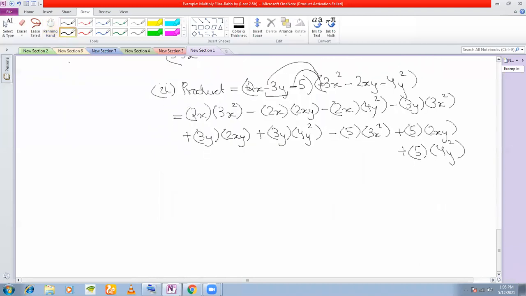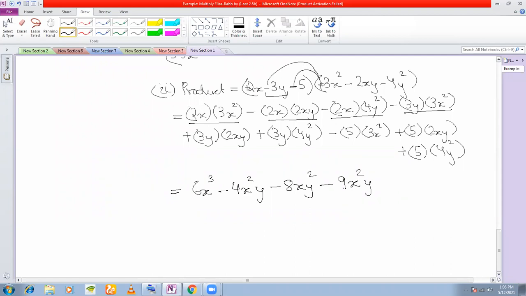Now we shall simplify to get our product. So first one, this is 6x cube. Next one, this is minus 4x square y. Next is minus 8xy square. Again, you have a minus 9x square y.